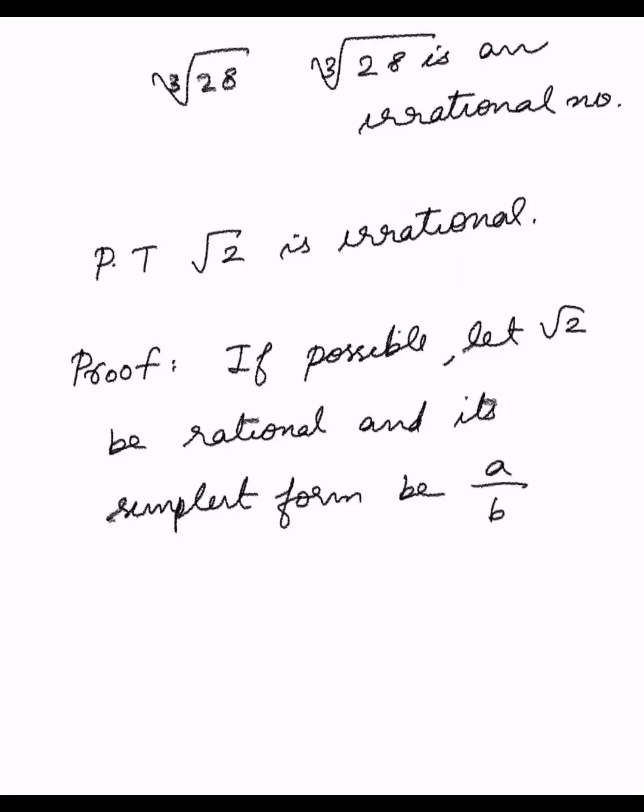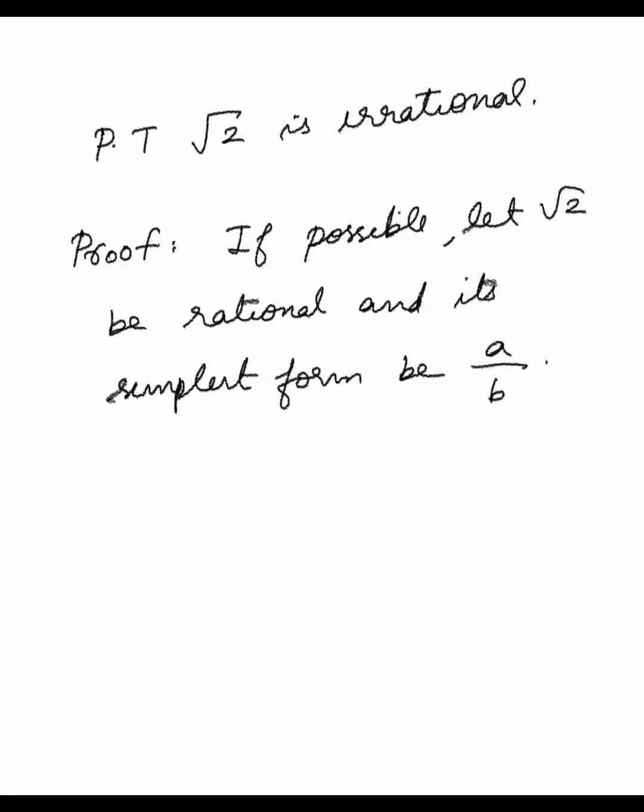a by b. Any rational number has the form p by q, right? Here, instead of p by q, we are taking a by b. So we are going ahead with the simplest form a by b. Now, the simplest form means there is no common factor between a and b. So a and b are coprime numbers.